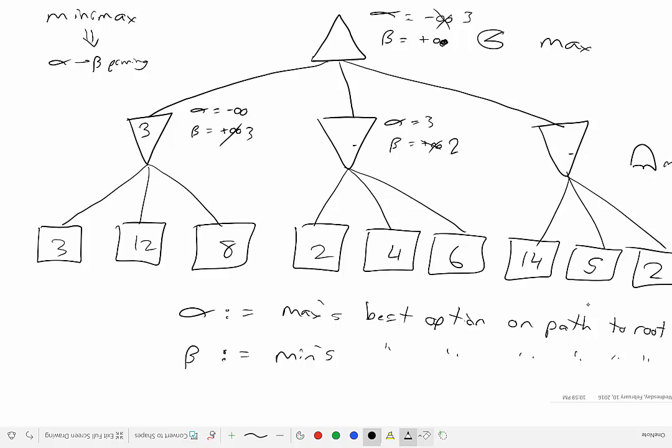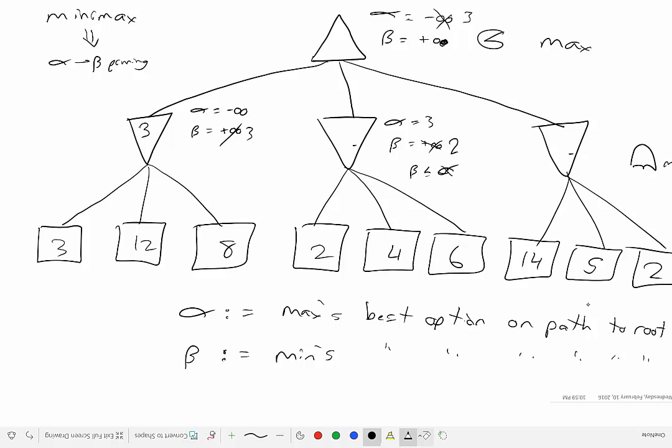So now we've reached the crossing point. For alpha beta, we know when to prune, or when to stop searching the other nodes. When we're at a min layer, it's when beta is less than or equal to alpha. This is encoding the intuition that we had before.